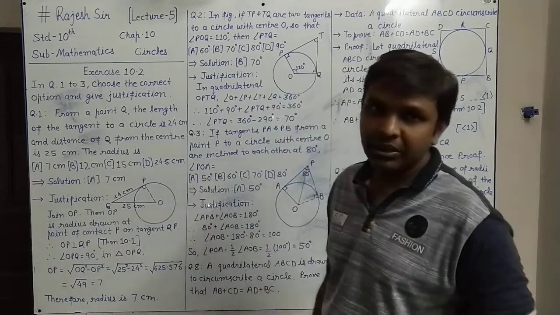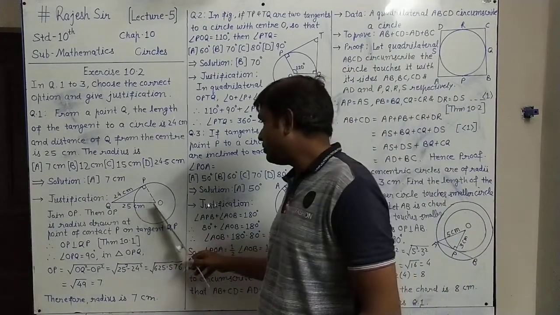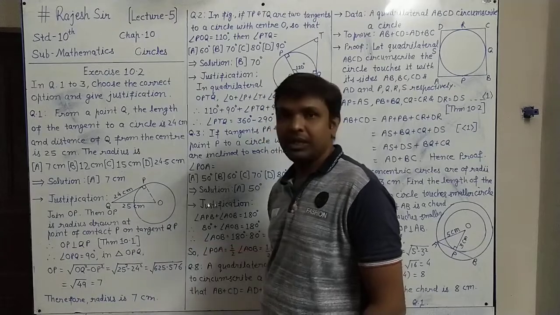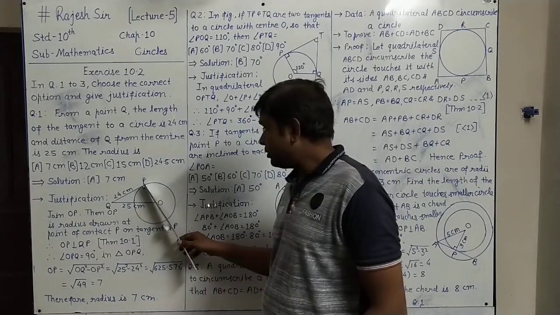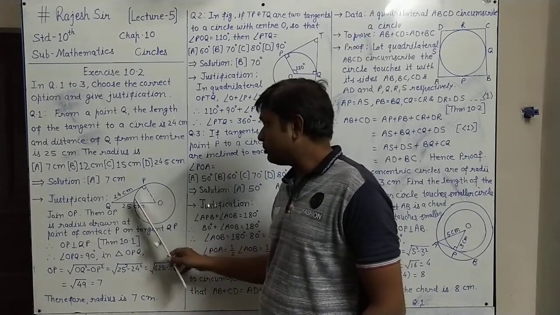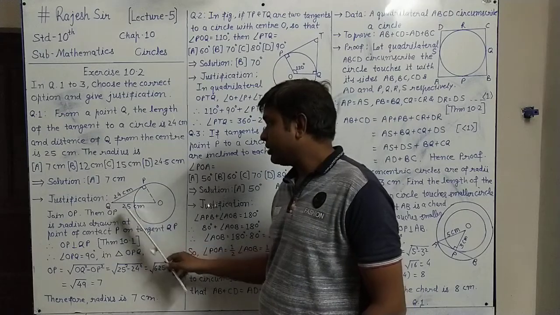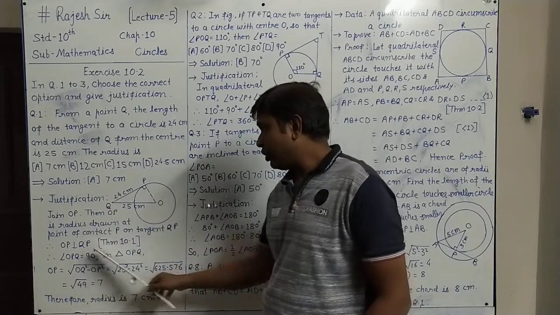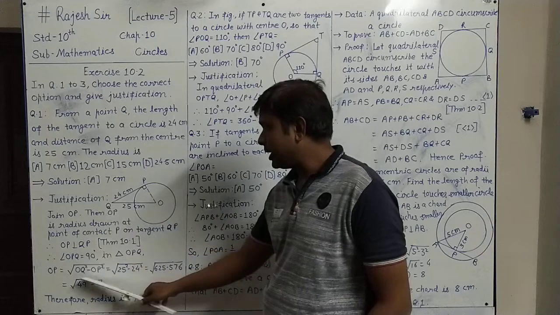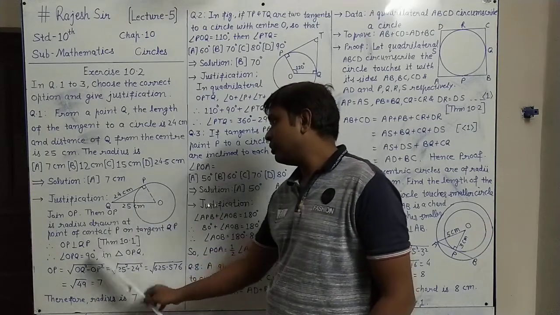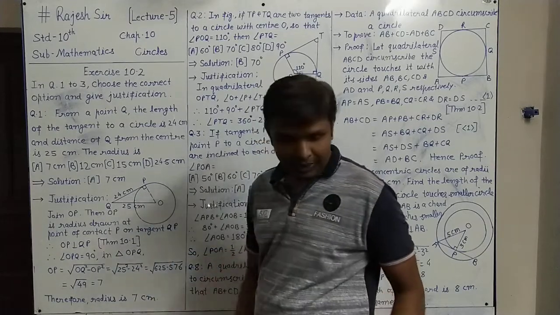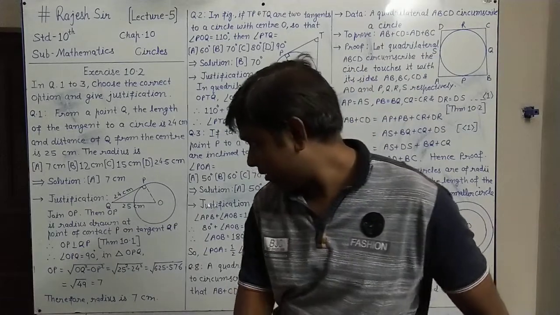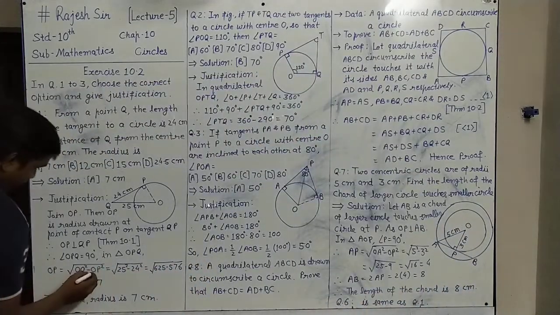We can use the Pythagoras theorem: OQ square equals OP square plus PQ square. So OP square equals OQ square minus PQ square. So OP equals root of OQ square minus QP square.